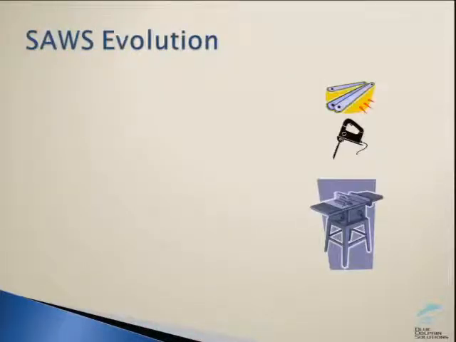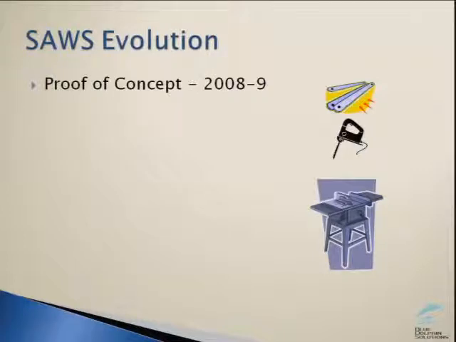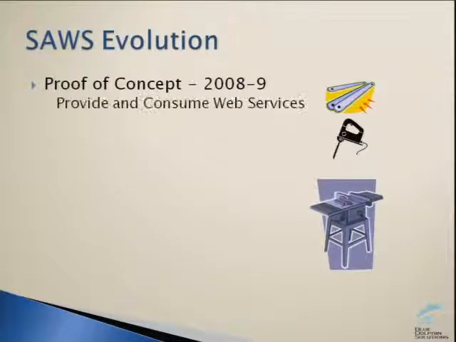Now, the evolution of SAWS: it was kind of a proof of concept in the 2008-2009 frame. At this point, we were able to provide and consume web services and demonstrate that. Right now, it's a useful tool. The code is pretty stable, it does some useful things, and we have people that are actually using it to do real things.